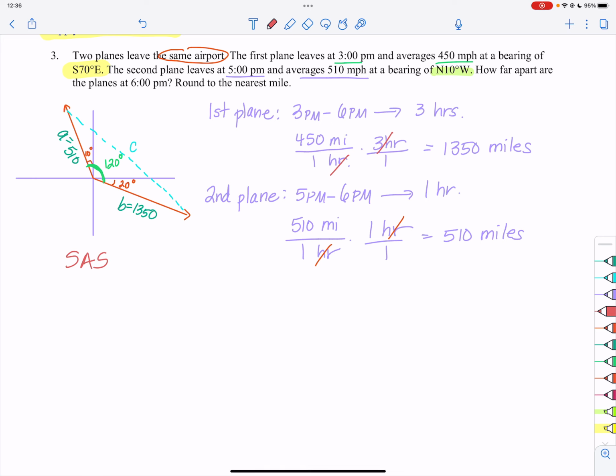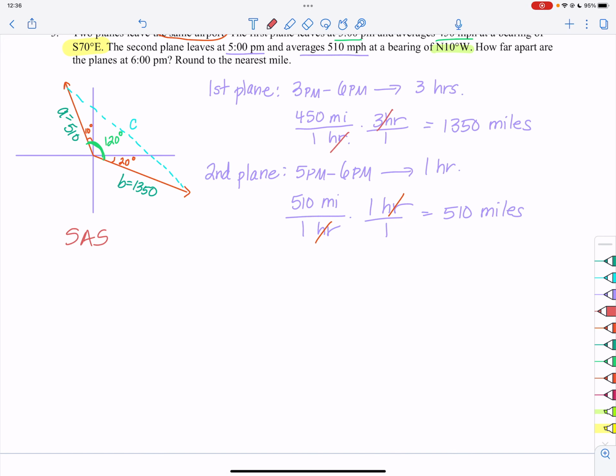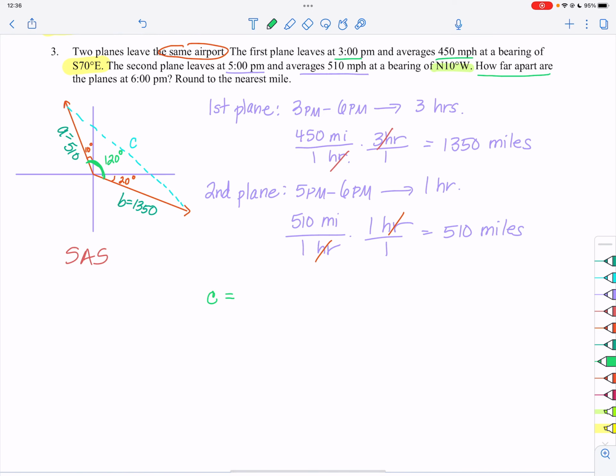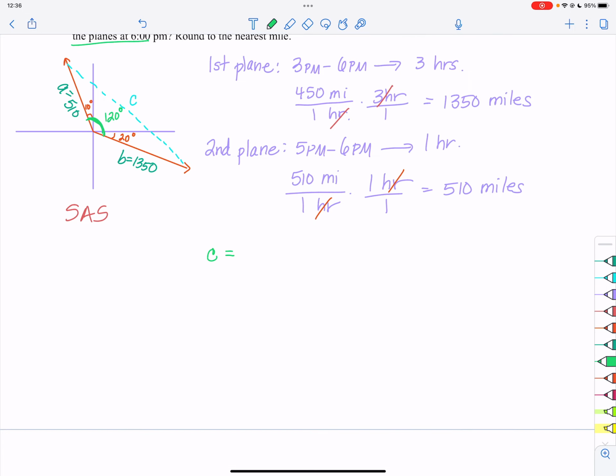And now we can go ahead and use our law of cosines. So we can say that side C, which is how far apart the planes are at 6 p.m., that's going to be C squared is equal to A squared plus B squared minus 2AB cosine of angle C, which is what we have.